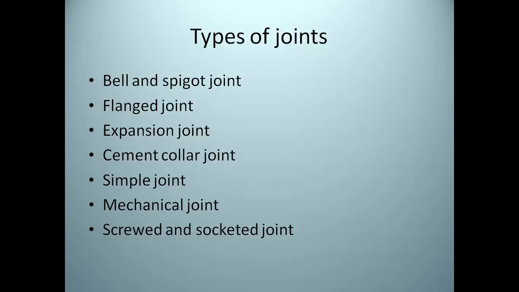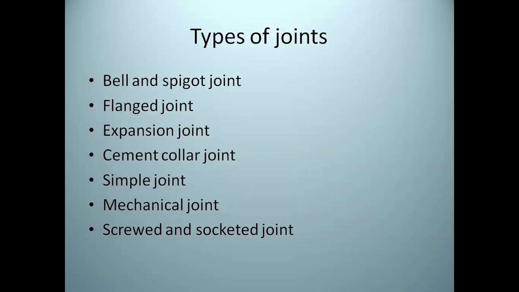The connection provided at the ends of pipes, while connecting two pipes to each other, is called a joint, and this joint ensures the tight sealing and the strength of the pipes.